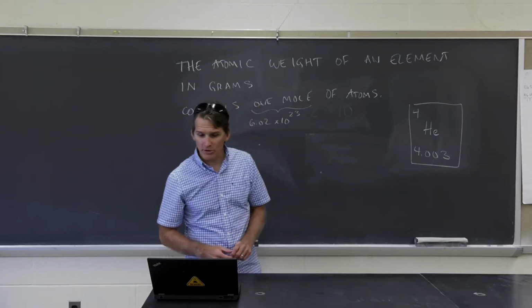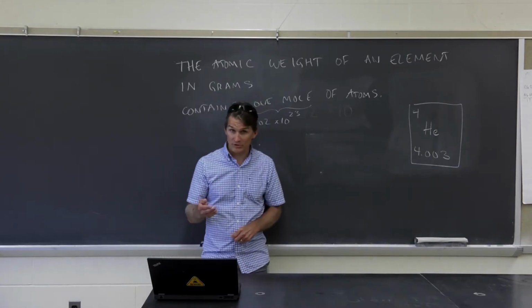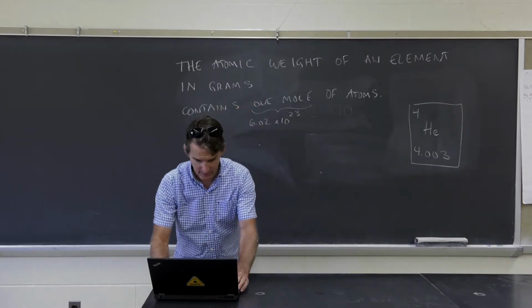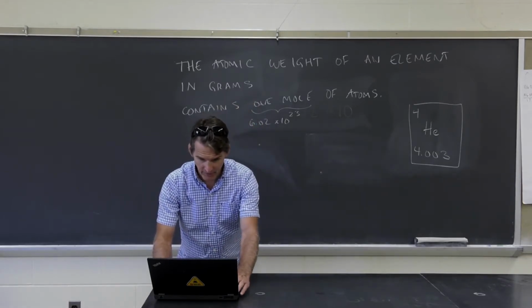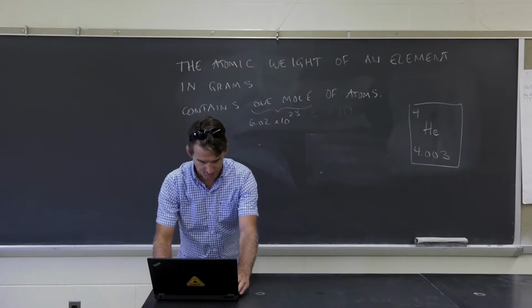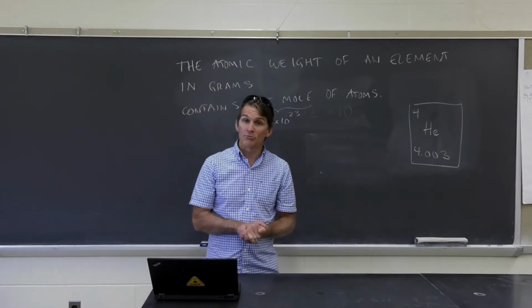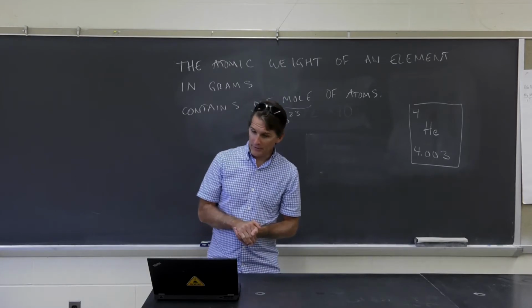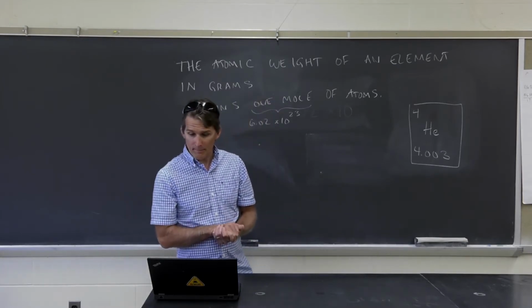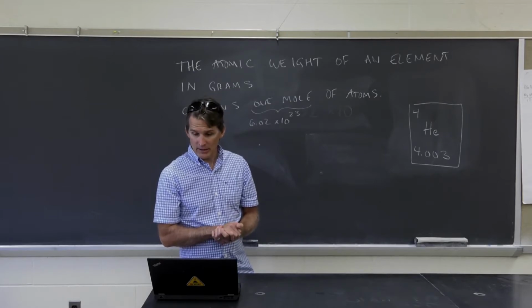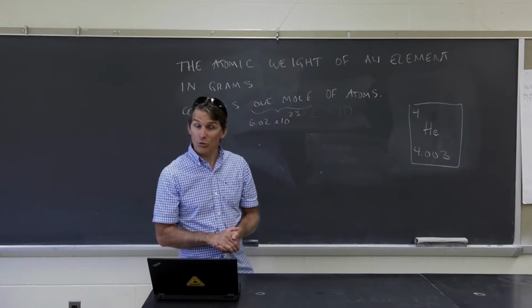So there's a couple problems on slide 9, I believe, of the PowerPoint, that I'd like to go through just to give you a feel for some of the problems that you might do related to the mole. The first problem asks, what mass of lead, symbol capital P little b, is equal to 2.50 moles of lead?